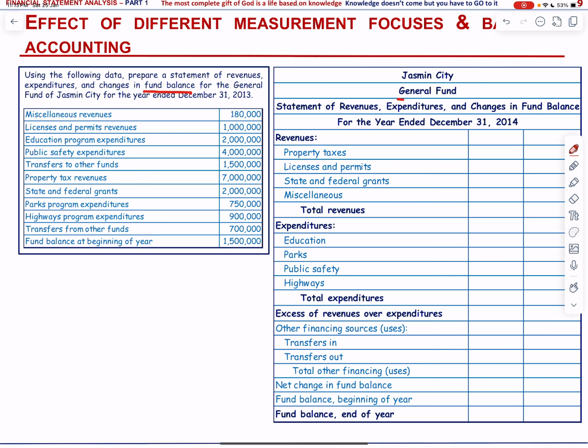So we are interested only in the general fund, and don't forget, under general fund we follow the modified accrual basis of accounting.